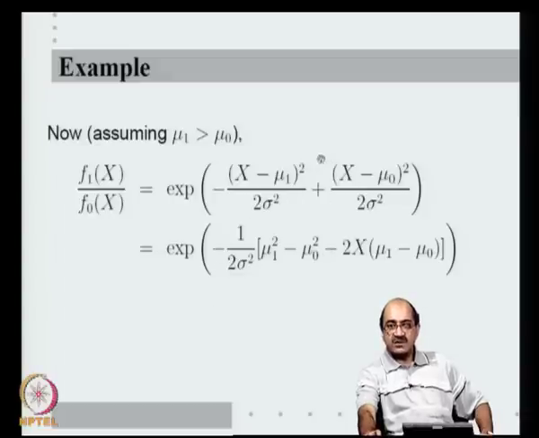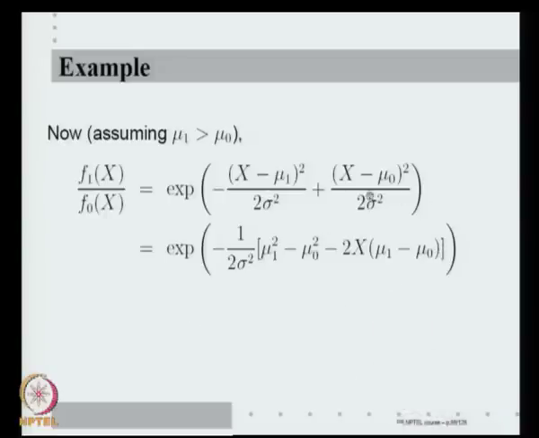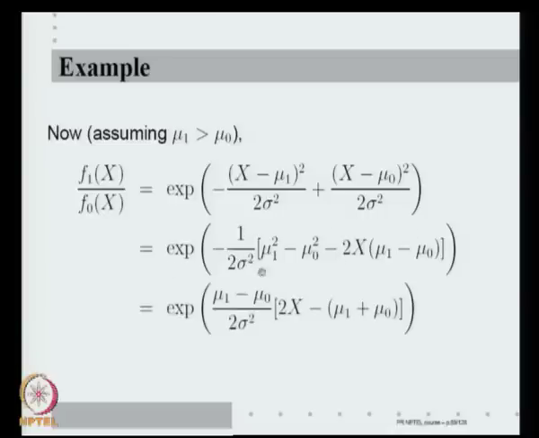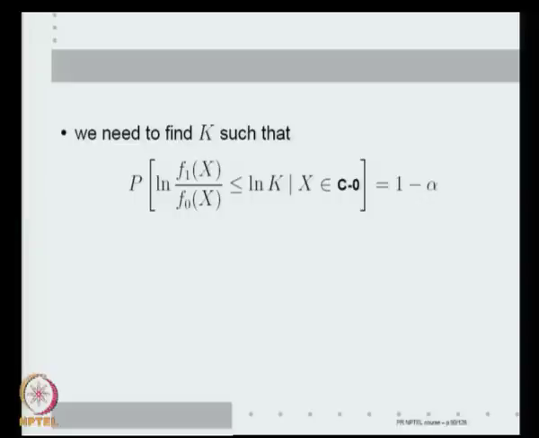Minus 1 by 2 sigma square, mu1 square from here, minus mu0 square from here, and 2x into (mu1 minus mu0). I can absorb this minus sign. So, I can write it as (mu1 minus mu0) by 2 sigma square into (2x minus mu1 plus mu0). This is the ratio f1 by f0 for the case of normal densities with equal variance. Okay.